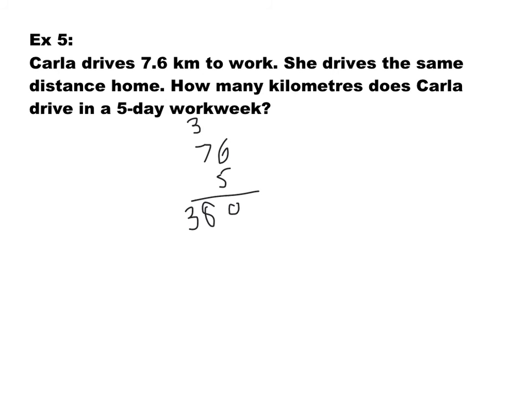So this means that I have to have a decimal point right here. So the answer is 38.0 or the same as 38. Remember, 0 after the decimal point doesn't mean anything because I can write this one as 380 divided by 10. Because there is only one digit after the decimal point, I have to divide it by 10. So that's the answer, 38 kilometers.